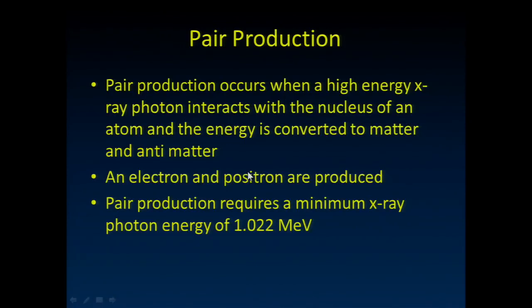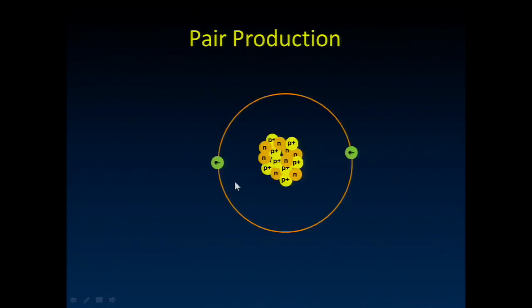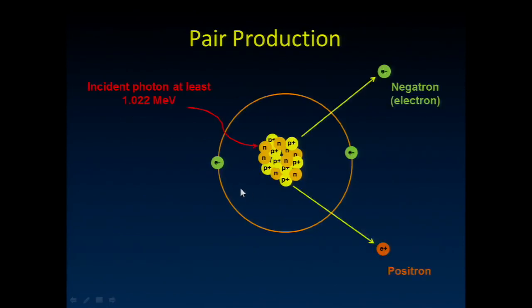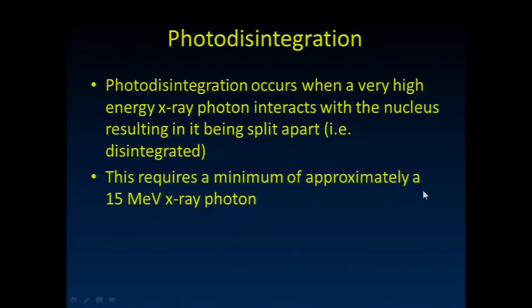So for us at diagnostic energies, this really is not an issue. If you were doing radiation therapy, this would be more of an issue. So here's pair production, with the incident photon, and we get that negatron and that positron, or electron and positron, produced there.